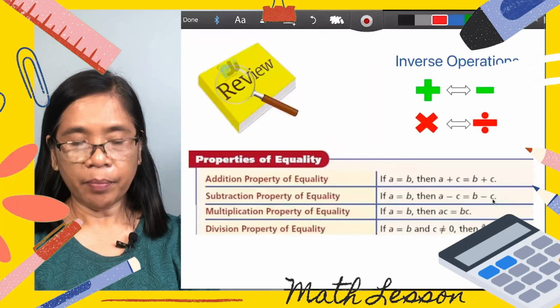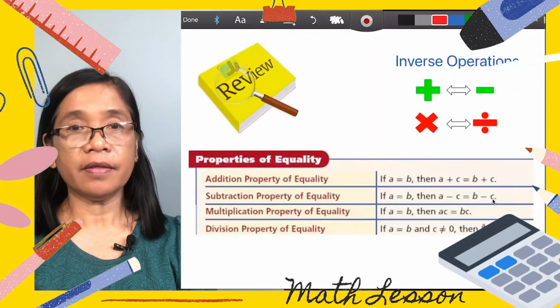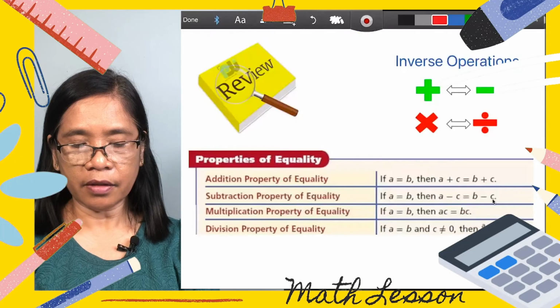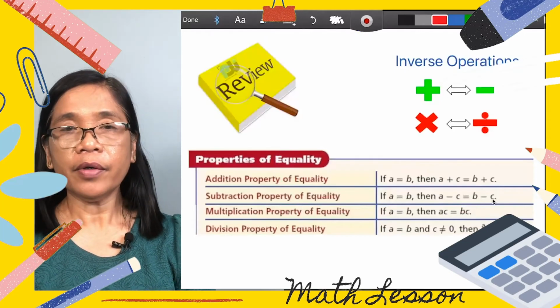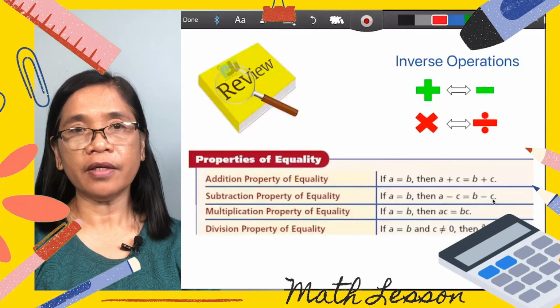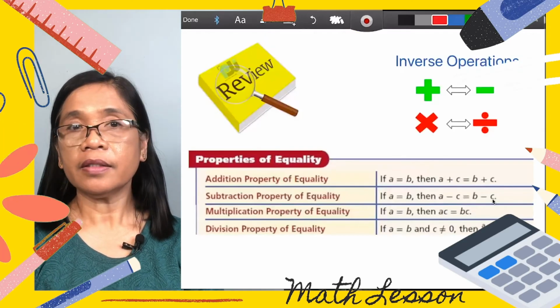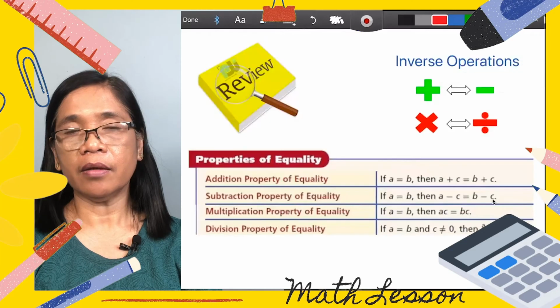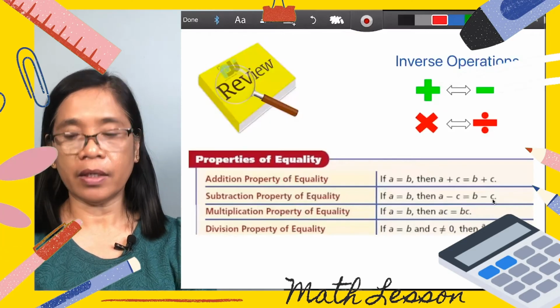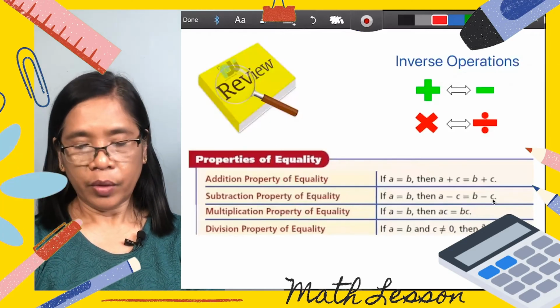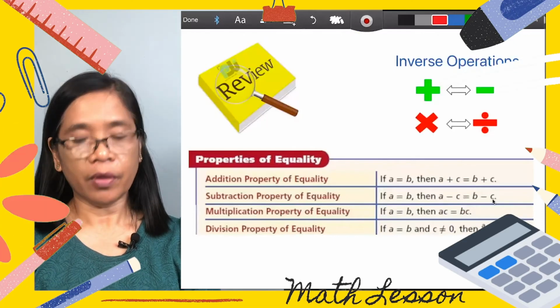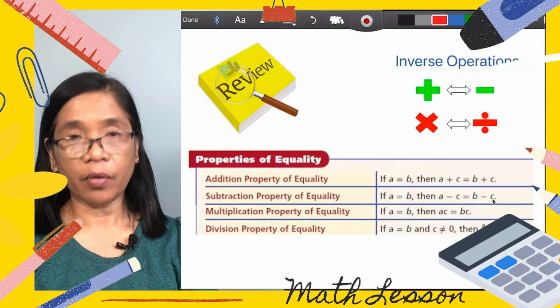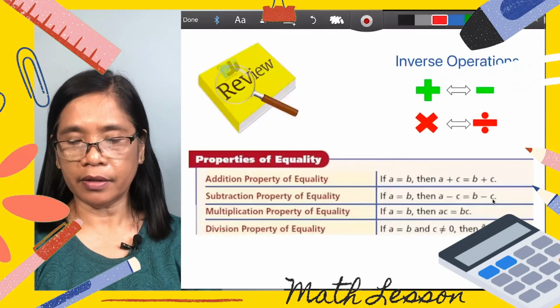By properties of equality, this simply means that if we have two quantities that are equal, whatever operation is performed on the left side of the equation, that same operation must be done on the right side to maintain the equality. So we have the addition property of equality, subtraction property of equality, multiplication property of equality, and division property of equality.